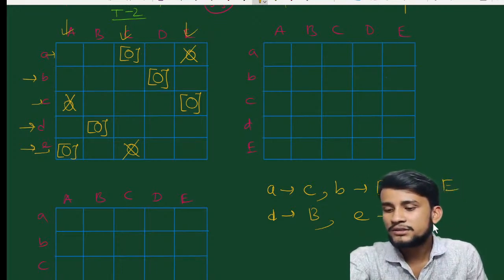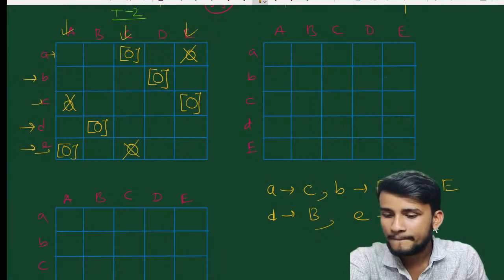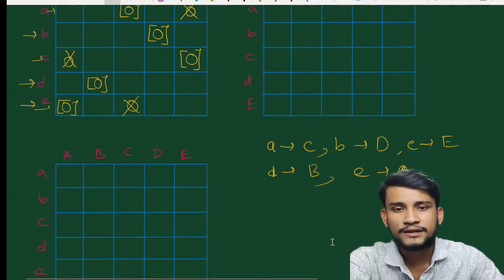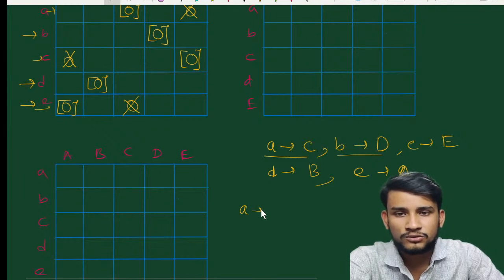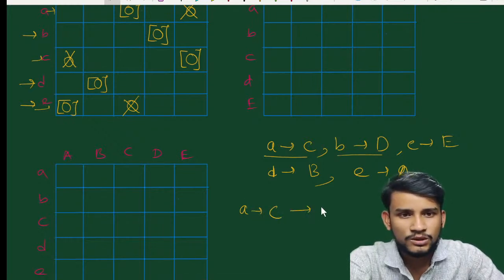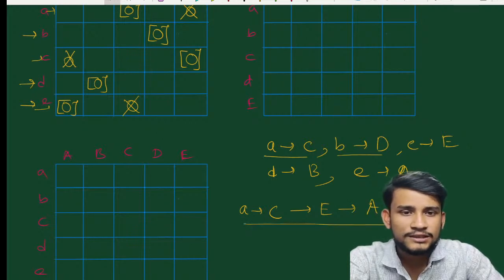Okay, this solution, see, one thing is that A goes to C, C goes to what? E, E goes to A. Okay, so here the loop ends.